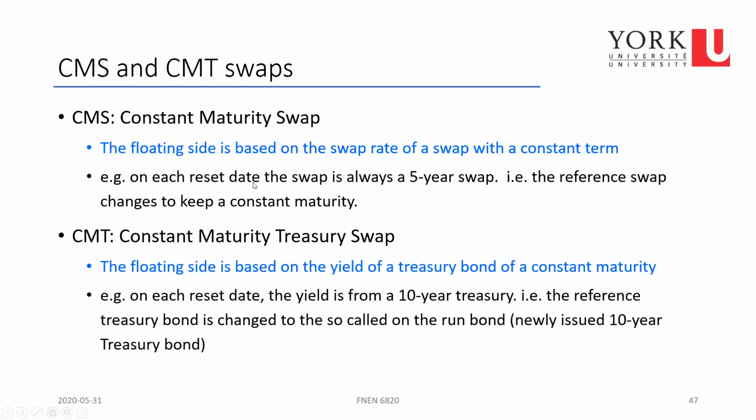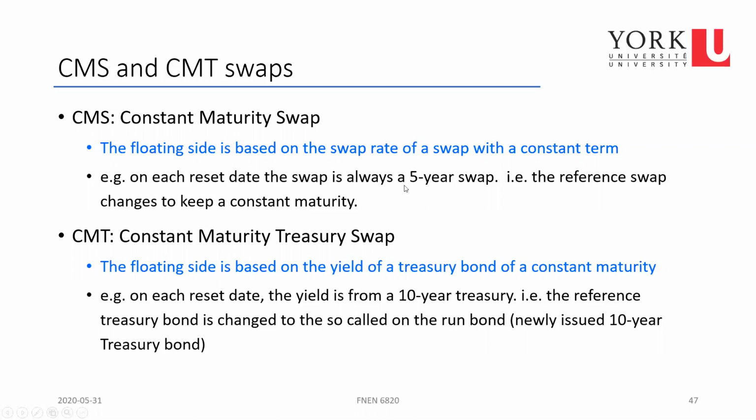So if reset time is 1, the first reset, you take the swap rate for a 5-year swap at that particular time. Then in the next reset, you will also take the swap rate of another 5-year swap.